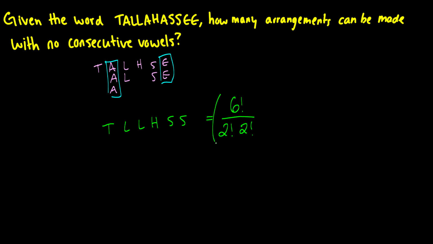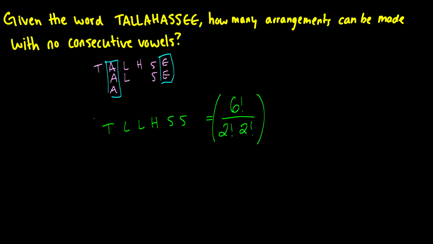We're going to have to multiply this by something, but how do we figure out what to do with the vowels here? Well, remember that order does not matter. So where can we place the vowels?